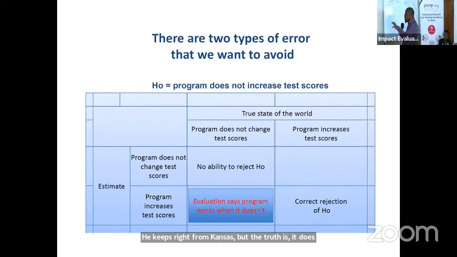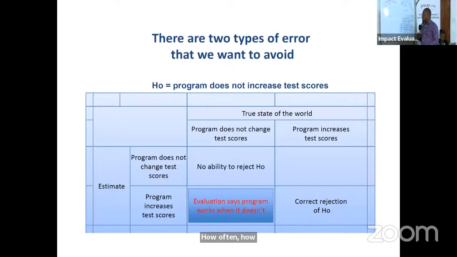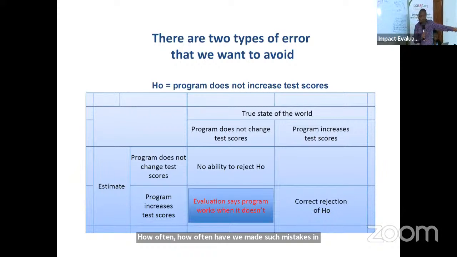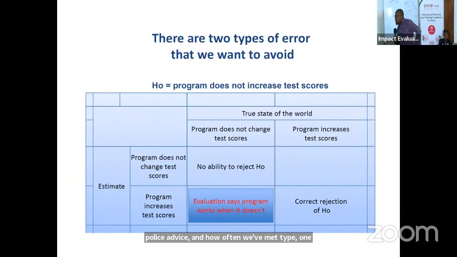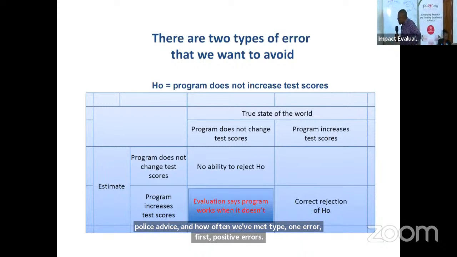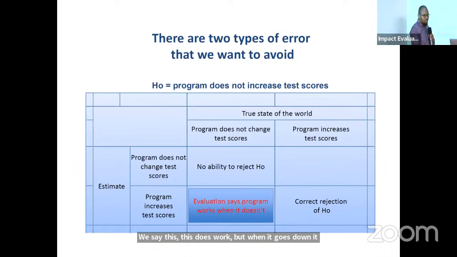How often have we made such mistakes in policy making and policy advice? And how often have we made type 1 errors, false positive errors? We say this does work, but when it goes down to the ground, it doesn't work. Okay? So let's see.